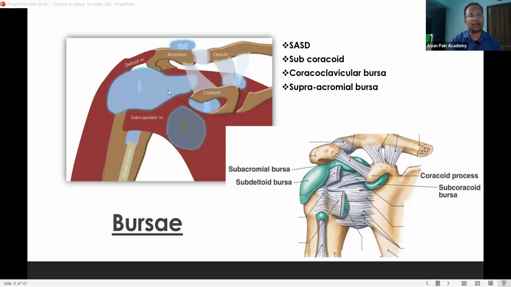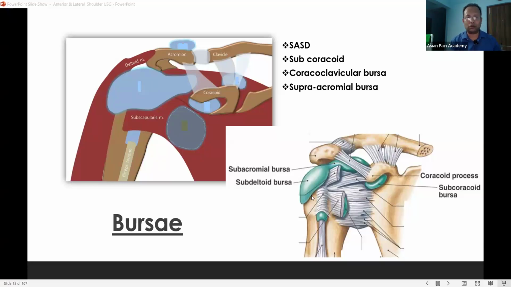Second layer of muscle is supraspinatus muscle. So between these two muscles there is a bursa, and this bursa is called subdeltoid subacromial bursa, because the bursa is not only between deltoid and supraspinatus, it is between the acromion and supraspinatus also. So that's why the name is subacromial subdeltoid bursa.